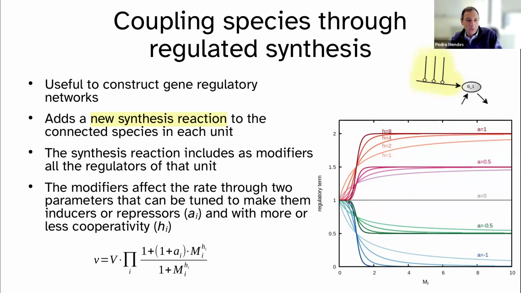The activation goes according to a Hill function that can be tuned using this parameter H. So 2 parameters, A and H. A tells you whether it's activation or inhibition, and H tells you how steep the sigmoid curve is going to be. Of course, if the receiving gene has 10 different activators, then there will be 10 terms like this multiplied in a row. And then there's also an extra parameter, which is the basal rate, which multiplies this value here. So that's the kinetics of the coupling by regulation.